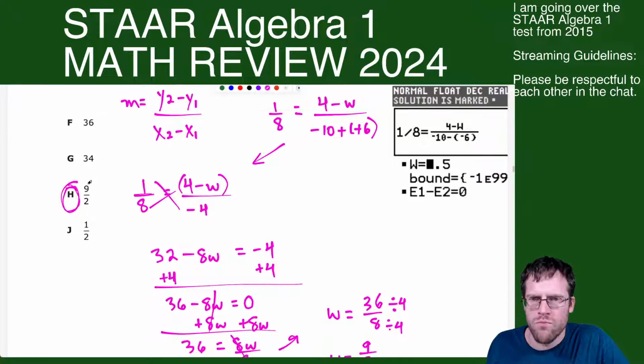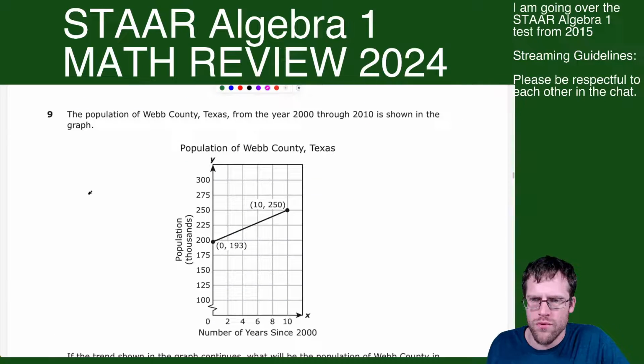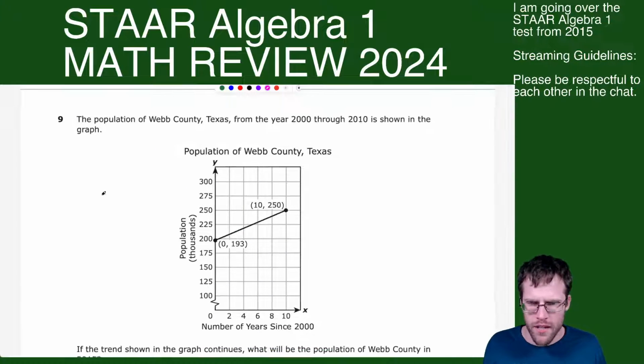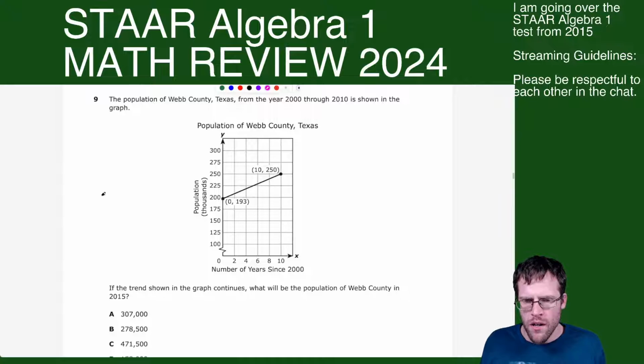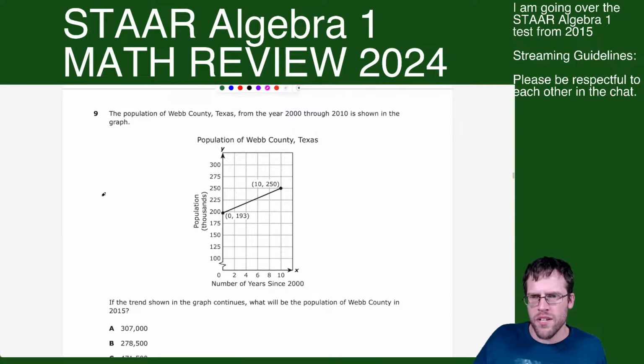All right, so moving on. This test is long, so I'm going to definitely just keep moving here. The population of Webb County, Texas from 2000 to 2010 is shown in the graph. The x-axis is the number of years since 2000.